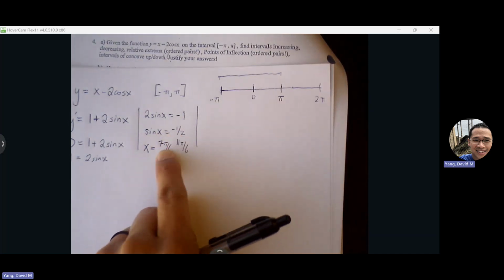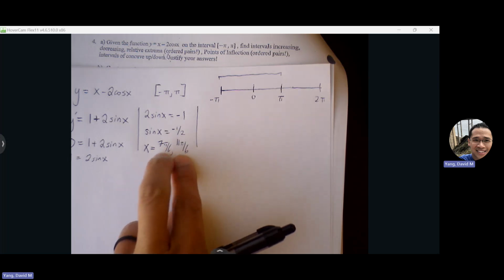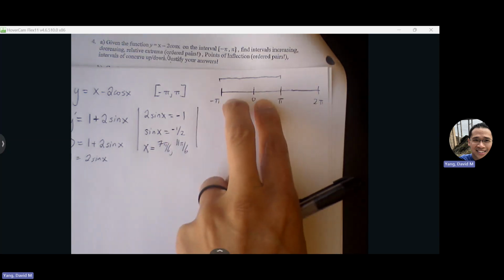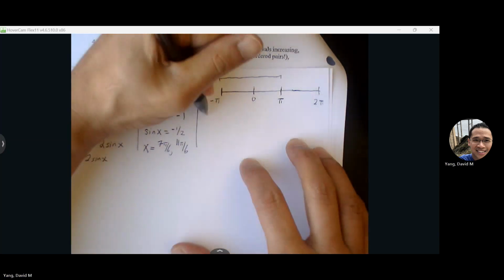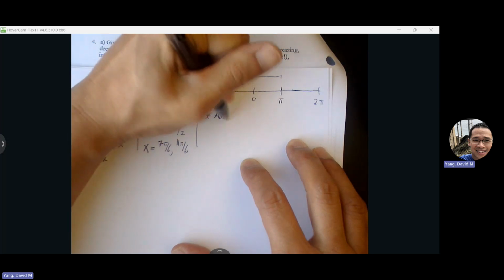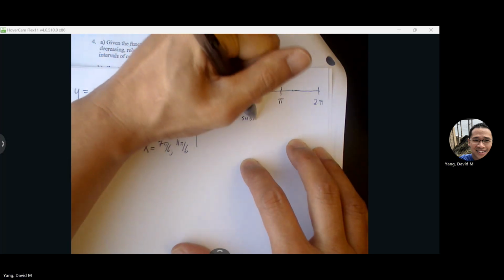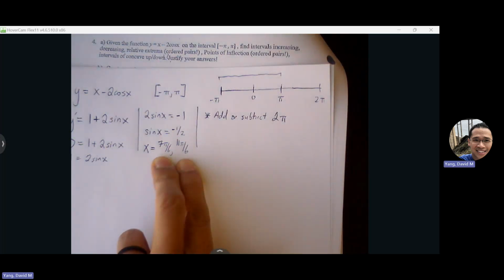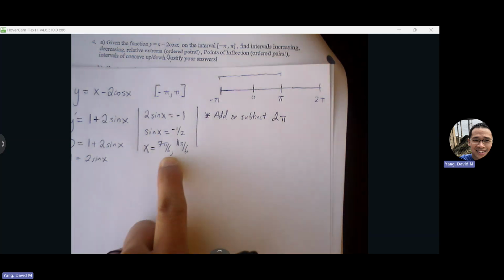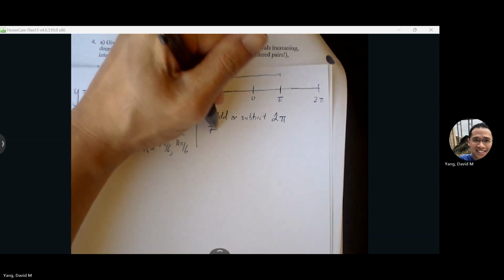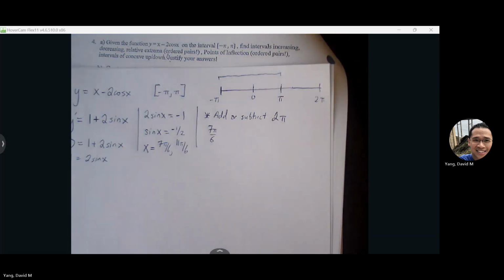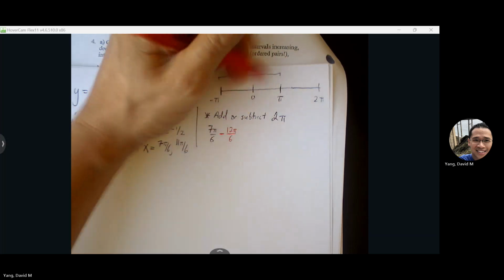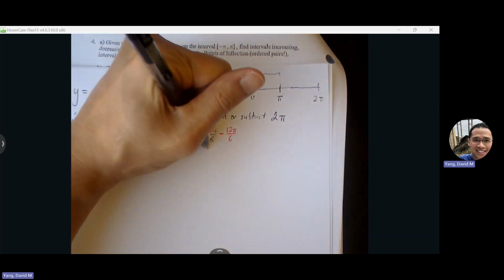But we can always create coterminal angles by adding or subtracting 2 pi, to see if we have variations of these critical points that land in the interval that we want. So if I subtract 2 pi from 7 pi/6, and do the same thing with 11 pi/6.